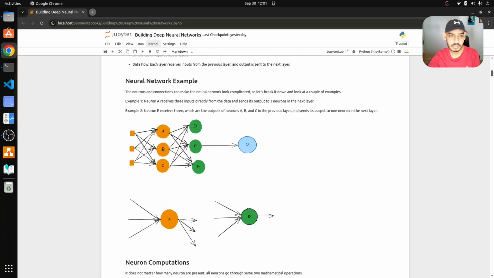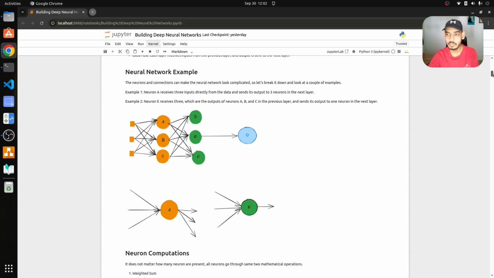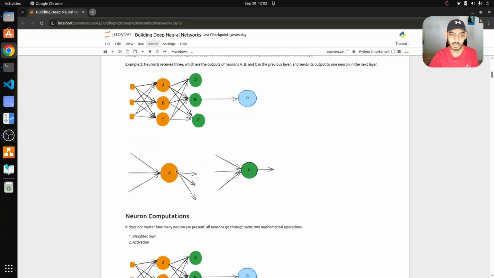Now let's understand a simple example of a neural network. Consider a neural network with two hidden layers, each layer containing three neurons, and we have three inputs, which are here, and those get connected to your hidden layer A, B, C, which gets connected to D, E, F. Neuron A takes in three inputs, that is x1, x2, x3.